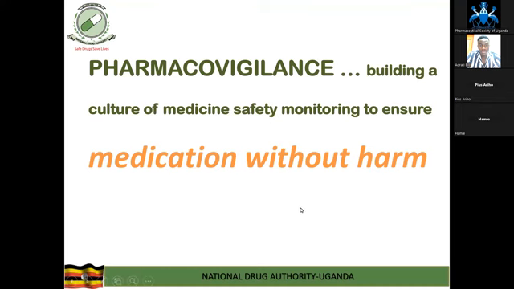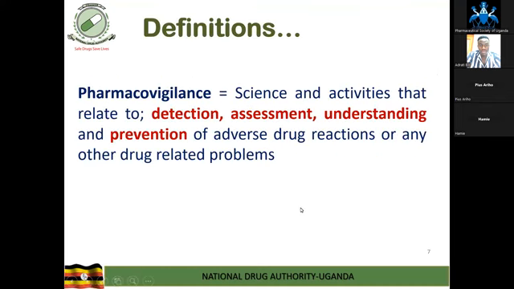So the definition: pharmacovigilance is the science and activities related to detection, assessment, and prevention of adverse effects or any other drug related problems. Take these problems, assess them, because at the end of the day, that is how you help the patient.